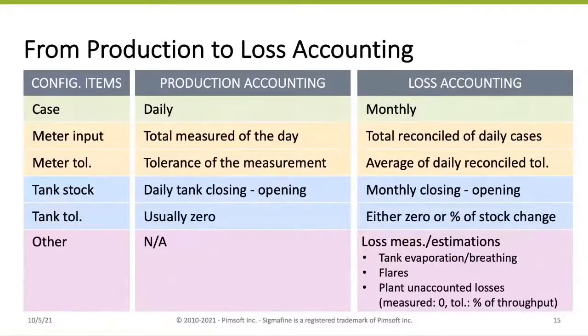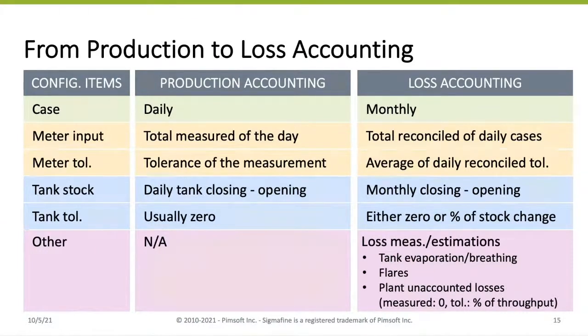We said that Sigmafine models need to be adapted. In which way? Well, moving from a production accounting to loss accounting requires shifting the focus. In terms of time range, we understood already, typically we need to move from a daily to a monthly procedure.